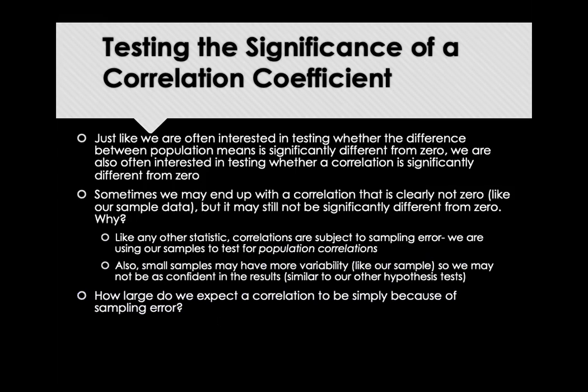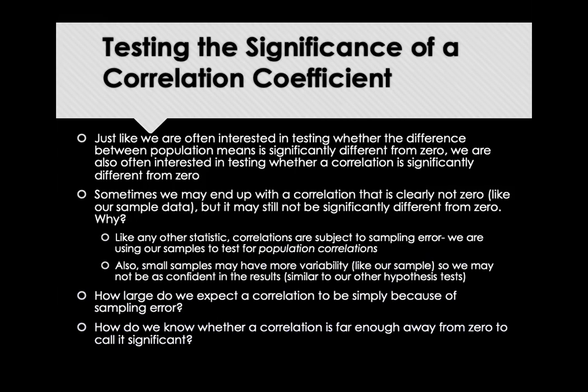So how large would we expect a correlation to be simply because of sampling error? And how do we know whether a correlation is far enough away from 0 to call it significant? We can compute an R value and describe it as weak or moderate or strong.